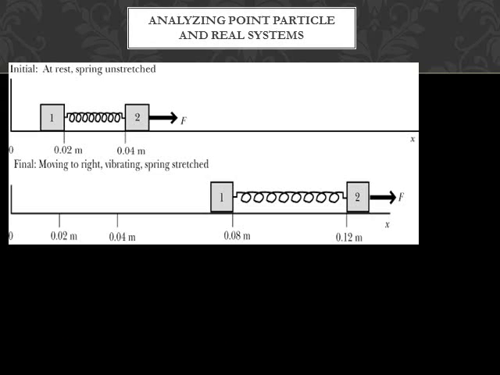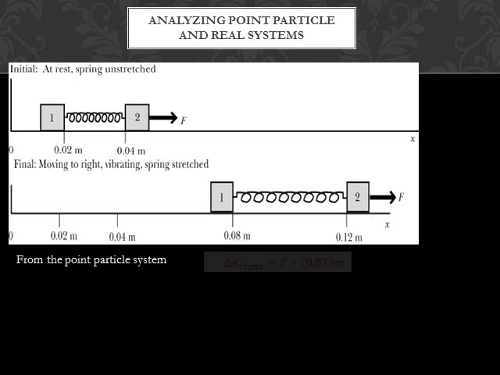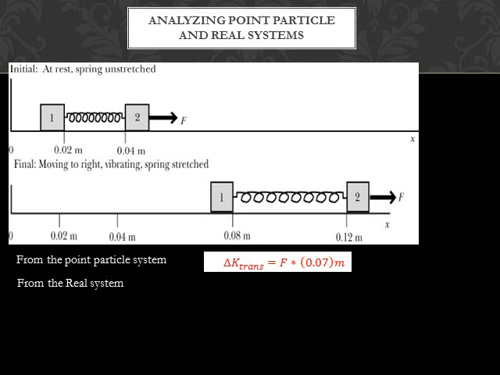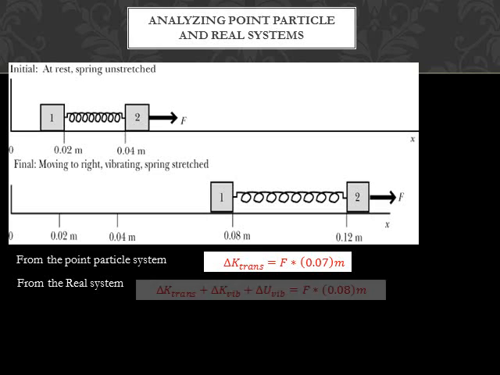Alright, so now we want to analyze the total system. We have our initial state and our final state. From the point particle system, we found the change in translational kinetic energy was equal to this. And from the real system, the energy equation told us that the change in translational kinetic energy plus the change in vibrational energy was equal to the work done by external forces, this.